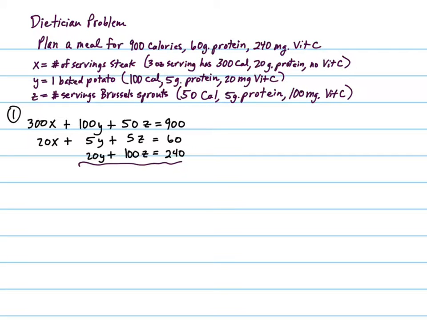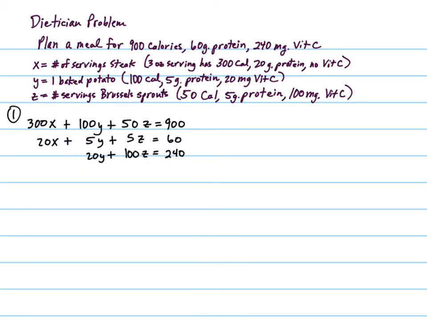So remember, when we're solving systems of equations using elimination, our first goal is to get two equations in the same two variables. And so we're going to get two equations in y and z. We already have one. And we're going to use these two to eliminate x here and get another equation in y and z.